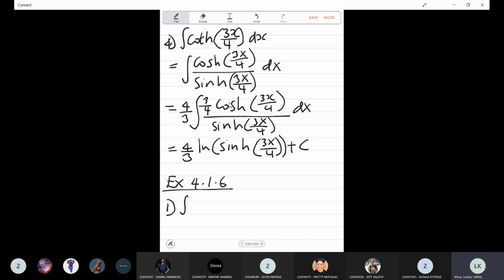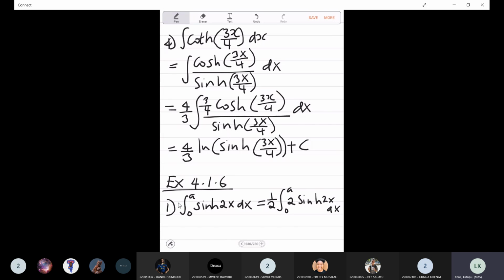So we have the integral from 0 to a of hyperbolic sine of 2x dx. The derivative of 2x is 2, so I need a 2 there and a half outside. So this is a half integral from 0 to a of 2 sinh 2x dx.